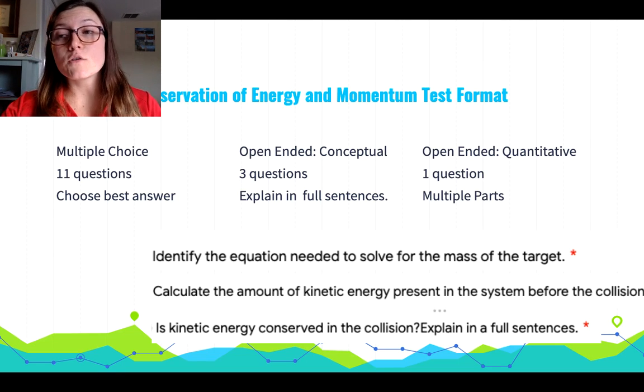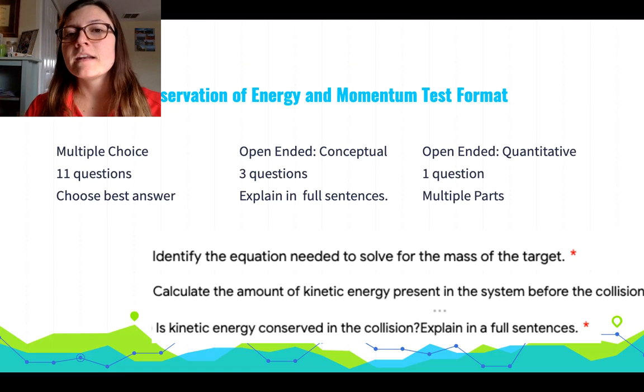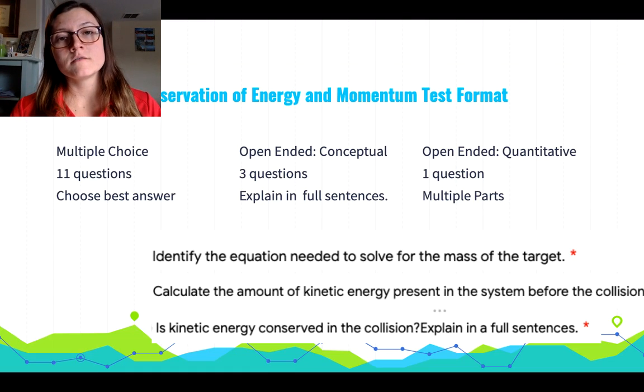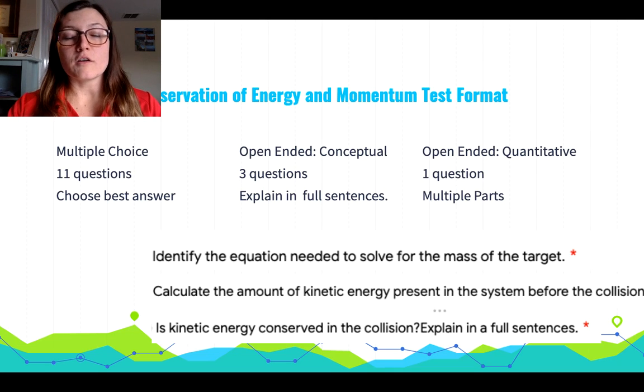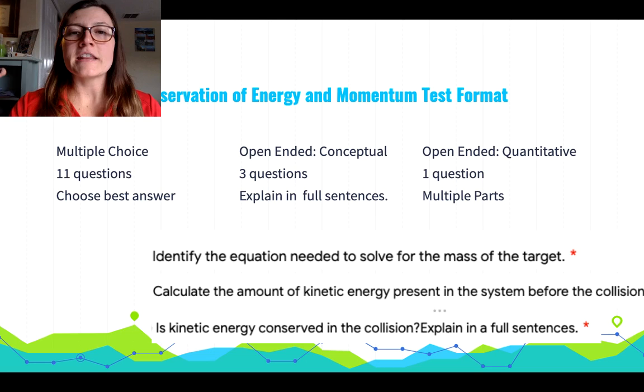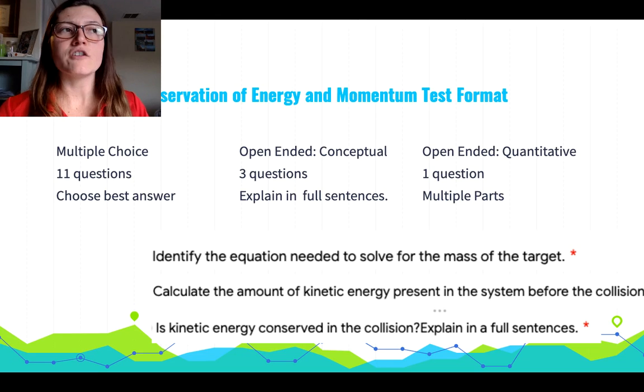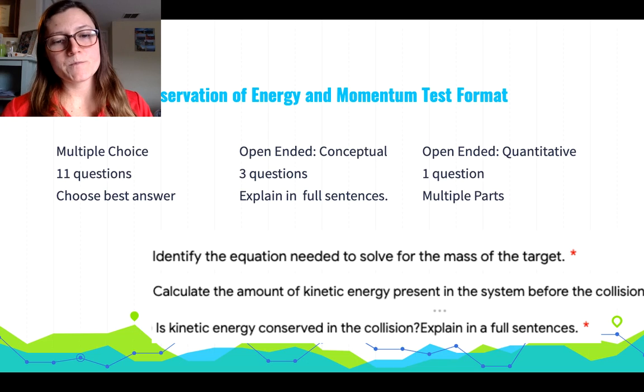You'll have a list of equations to pick from, and you have to choose the equation that you would use to solve. The next part would be to calculate. Choosing the equation is 1 point, the calculation is 2 points. Therefore, if you make an algebra mistake, you'd only lose 2 points. That way, I can still give you partial credit.